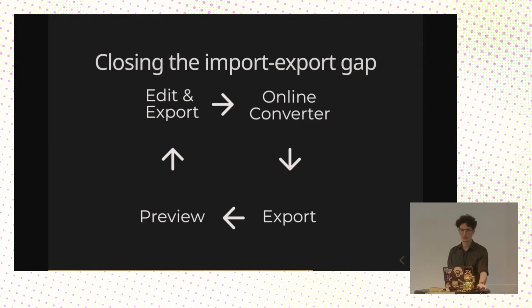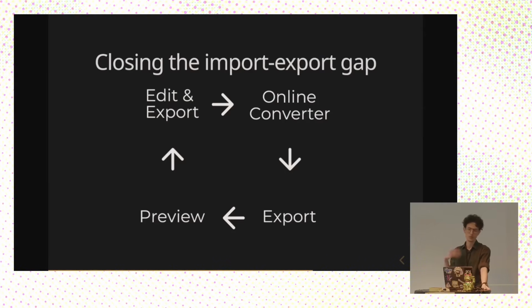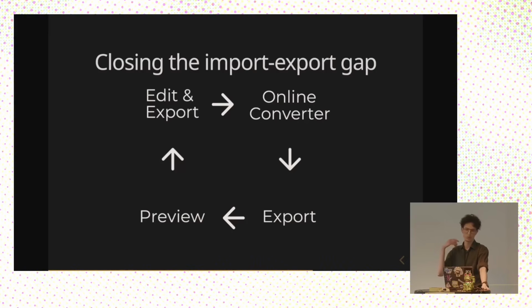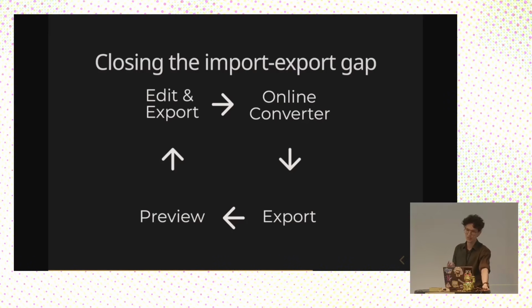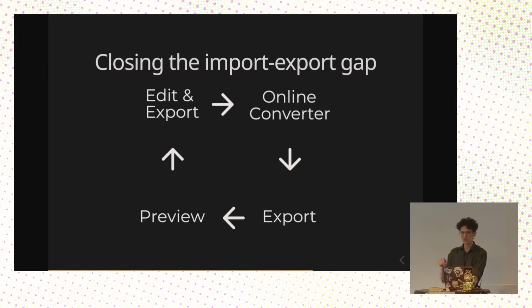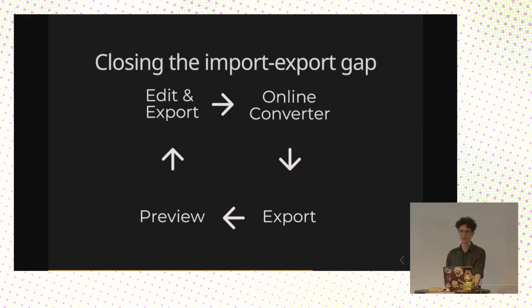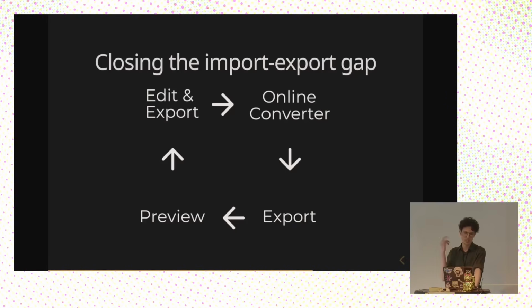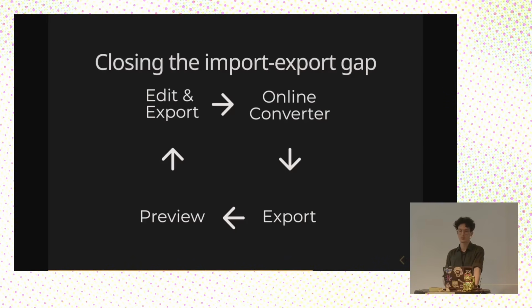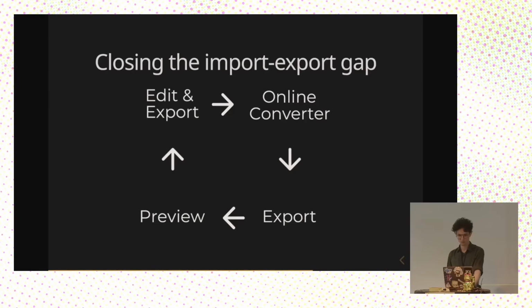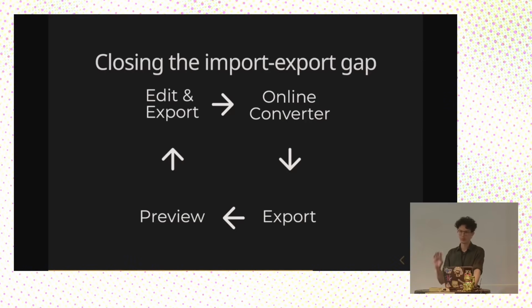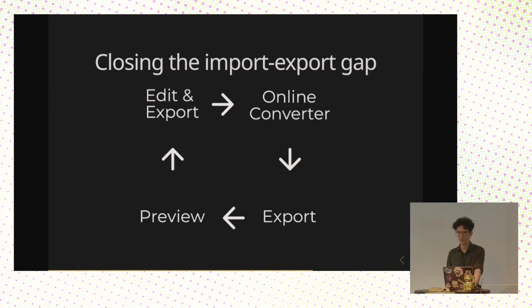Once you're done with that, you need to export it from the 2D app, go to some kind of online converter, drag this height map to the online converter, export it from the converter, go back to your game engine, import this normal map, and preview how it looks. If it doesn't look good, you need to go back and repeat the loop.